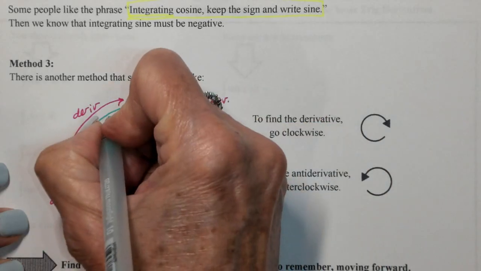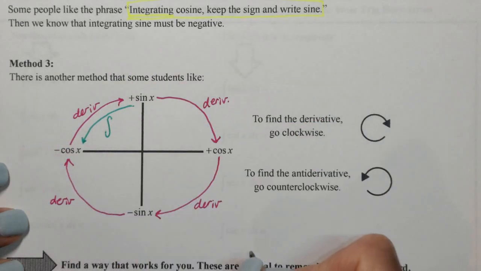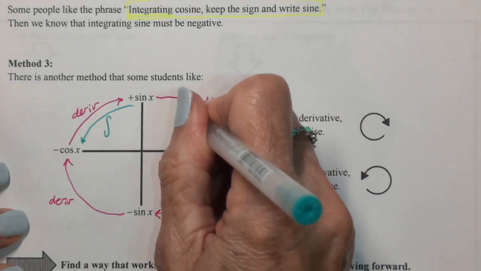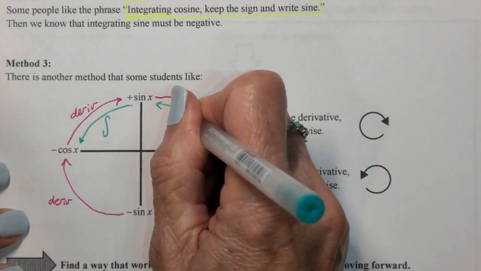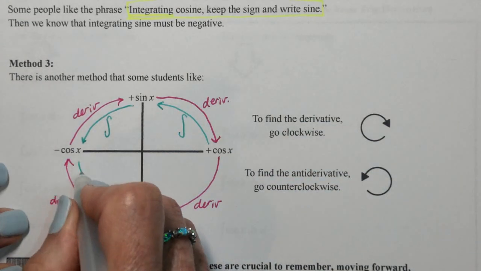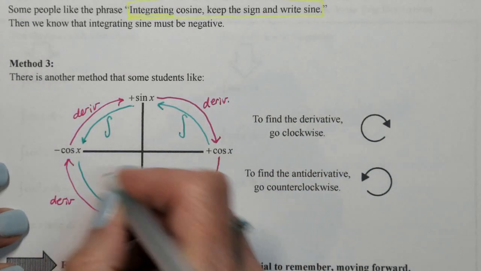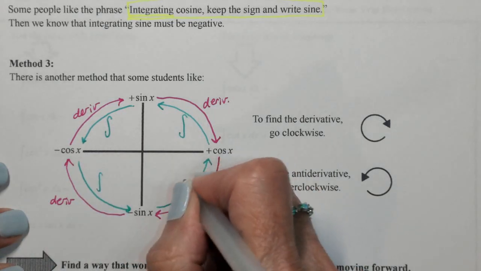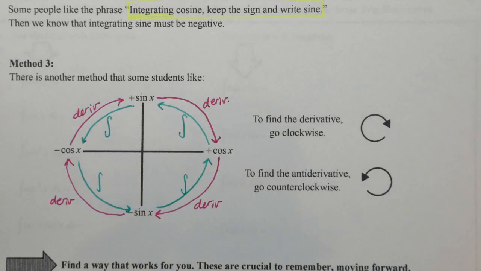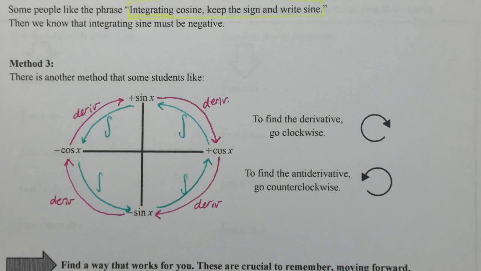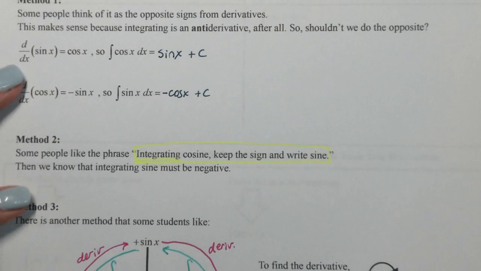So this is the integrating way. Okay? If you're taking the antiderivative of cosine, it is sine, etc. Antiderivative of negative cosine is negative sine. Antiderivative of negative sine is positive cosine. So to me, that seems like a lot of work. Whereas I prefer one of these 2 methods.